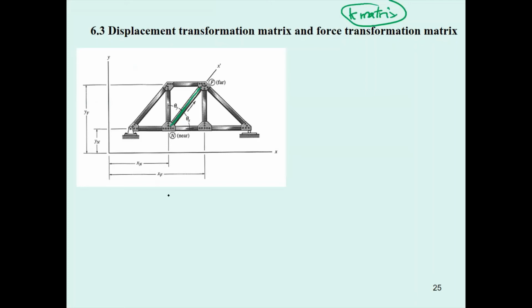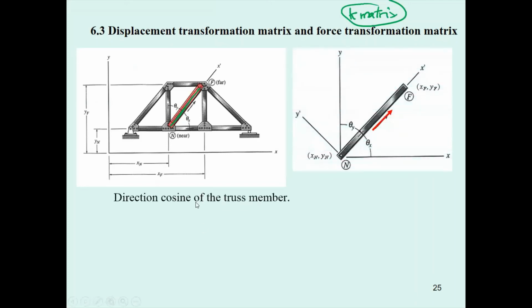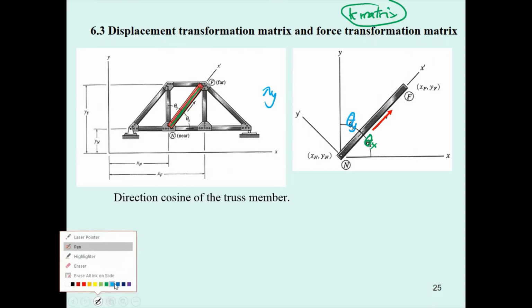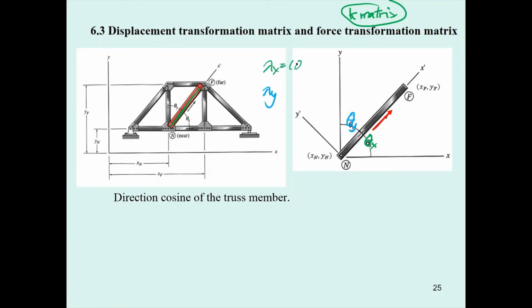Based on that, we have to use the coordinate direction angle, or coordinate direction cosine, to determine it. We have the coordinate direction angle theta sub x here and theta sub y here. Based on this, we will find lambda sub x, which is going to be cosine theta x by the definition of direction cosine, and lambda sub y, which is going to be cosine theta sub y.